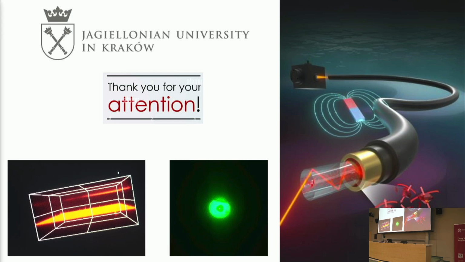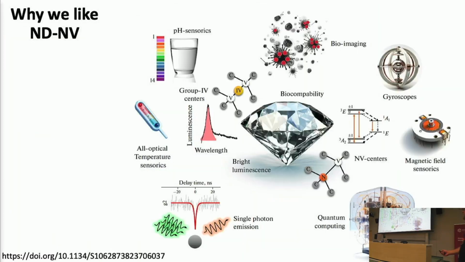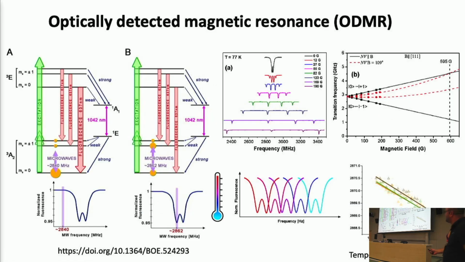You mentioned that luminescence is sensitive to the magnetic field, and I wonder what the mechanism for this is? The mechanism is that when we look at the electron level structure here, we can focus here. We have the 0 state and the plus-minus 1 state. When we apply the magnetic field, this state is split by the Zeeman effect.